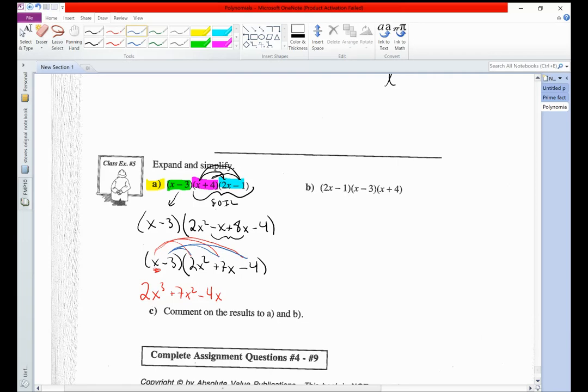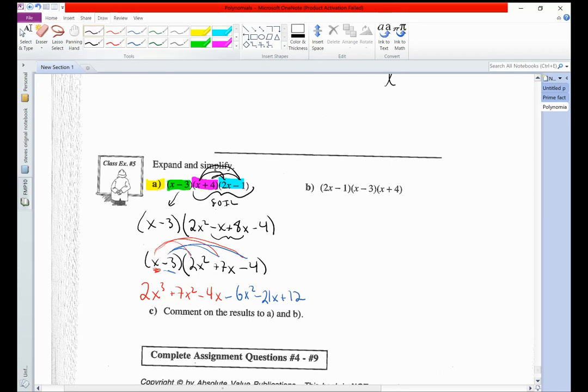And now we're going to multiply this negative 3 through. So we get negative 3 multiplied by 2x squared is negative 6x squared. Negative 3 multiplied by positive 7x is negative 21x. And negative 3 multiplied by negative 4 is positive 12.